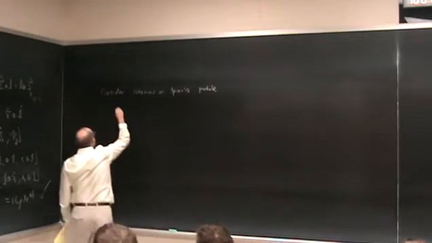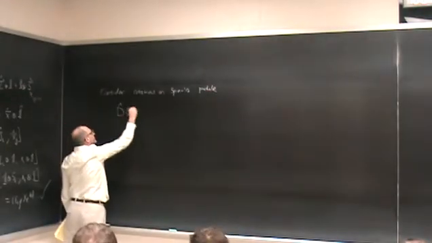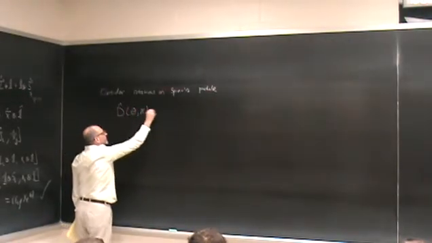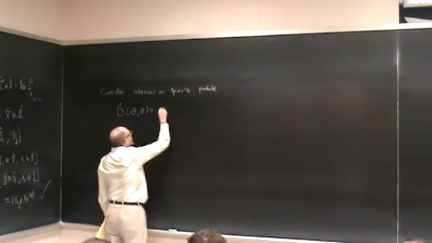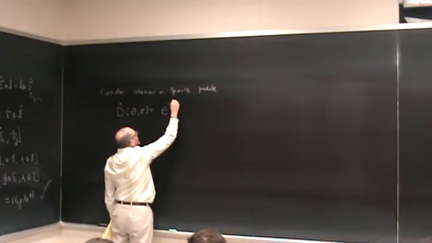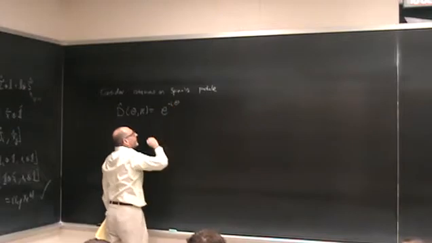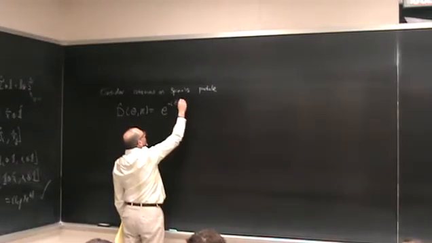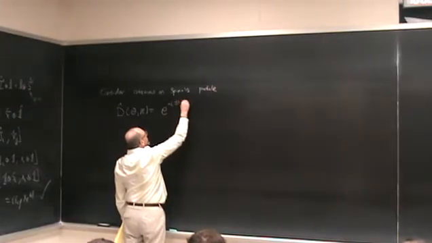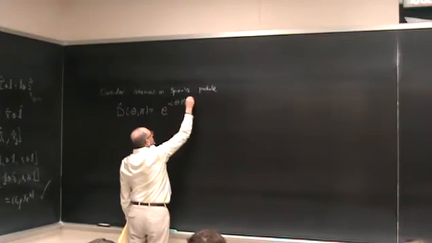Okay. So my rotation operator is e to the minus i theta, n dot J, where J is sigma over 2.